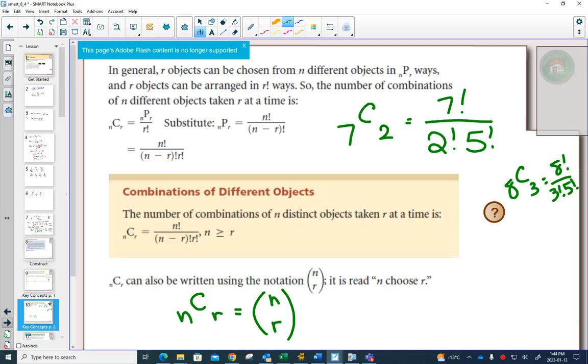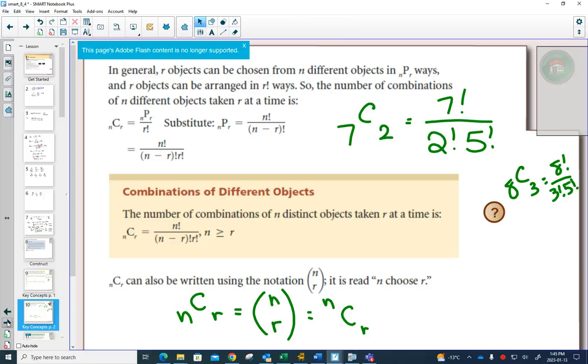And then the IB wanted to sell new textbooks, so they changed it to this now. It's like no one can decide. They're like, if we change it, then maybe schools will buy a new textbook and we can make money. Anyways, we will use this one with the little n and the little r, just like our permutations one.